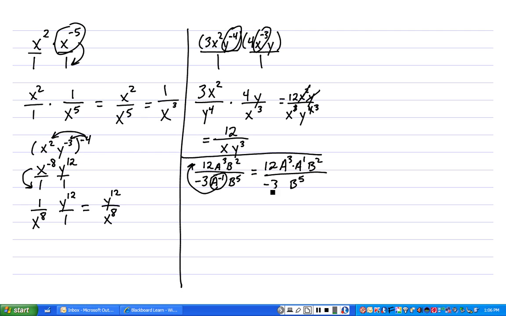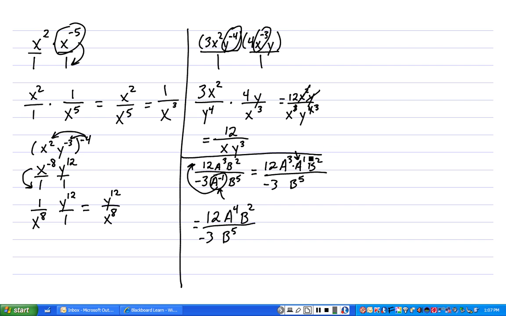Okay, so my negative 3 is still on the bottom, b to the fifth is still on the bottom, my 12 a to the third is still up top, my b squared is up top, but now I moved this and put it right there up top. Now it's a positive exponent. Now I have same bases, so I can add my exponents. So that gives me 12 a to the fourth, because 3 plus 1 is 4, b squared over negative 3 b to the fifth.